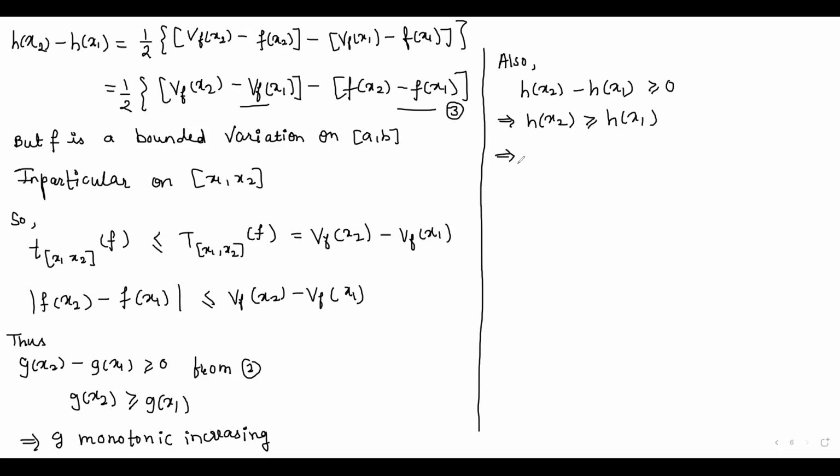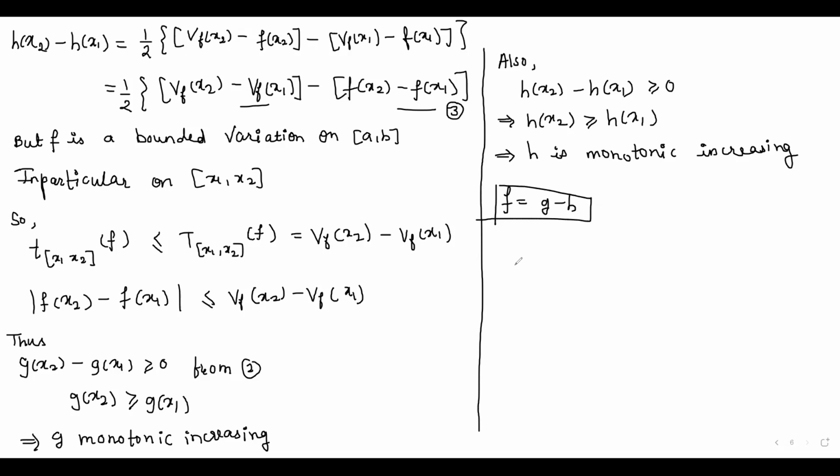So this implies that again this h is monotonic increasing function. So hence the first part of this theorem is proved, that is this f is equals to the difference of these two monotonic increasing functions.